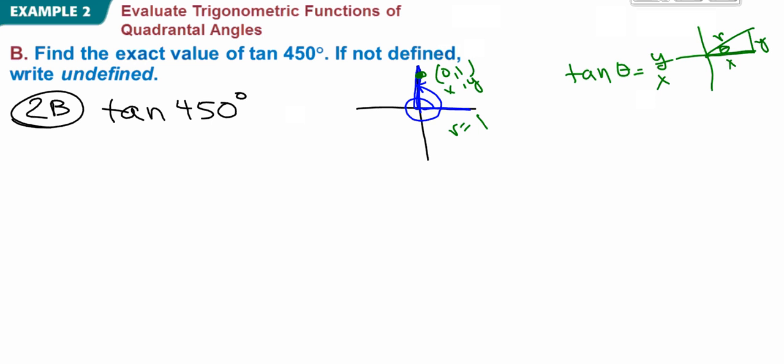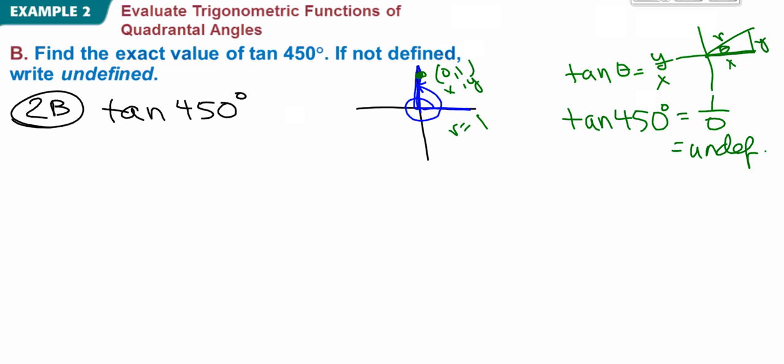Maybe I did memorize it, but really in my head, I have this picture that I don't have to physically draw all the time. And so tangent is y over x. Tangent of 450 degrees. What's y over x? Undefined. 1 over 0, so it's undefined.